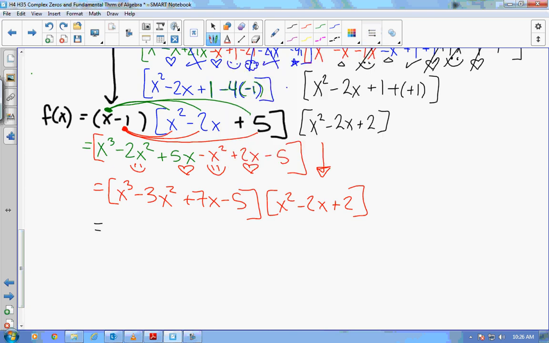Okay, who has the first line done that's not combined? You haven't combined your like terms. You can tell me all the terms you get.